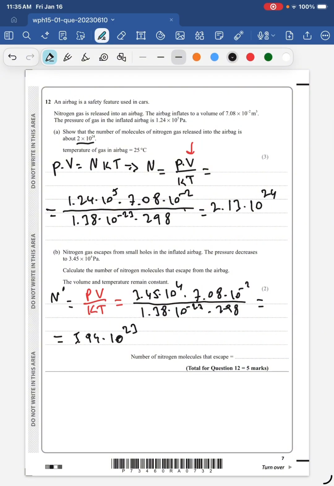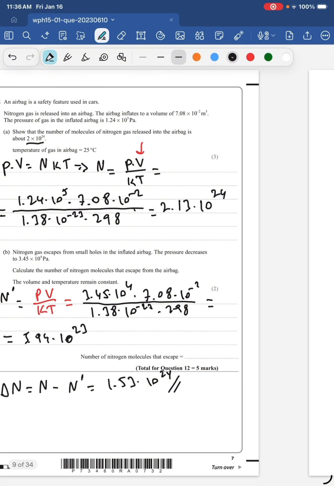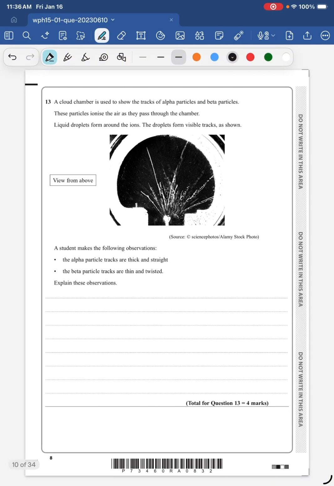Are we done? No, we have to find how many particles escape, which is just a subtraction between the initial number of molecules minus the final. So we find 1.53 times 10 to the 24. That's quite a few molecules escaping. Let's move to the next question.